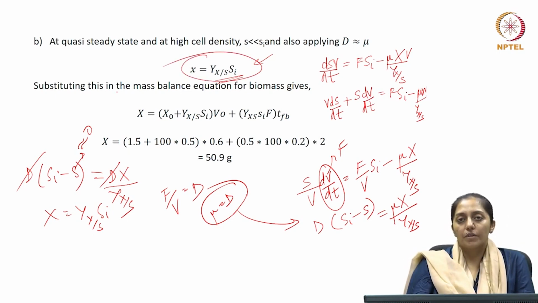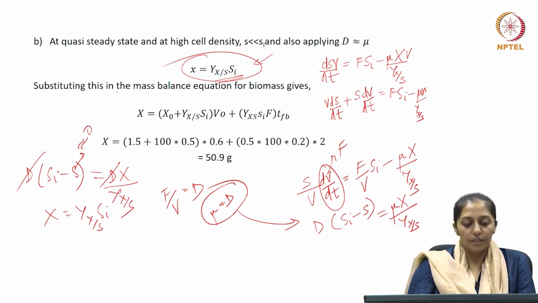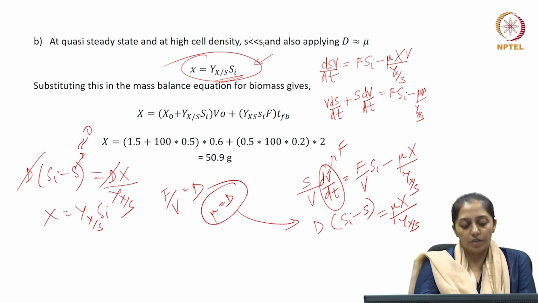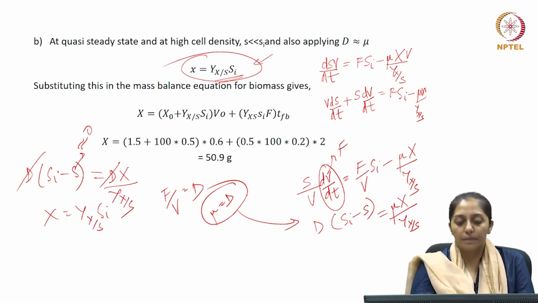if residual substrate concentration is nearly 0, further assuming, then the steady state biomass concentration is Si times Yx by S, where Si is the inlet or feed substrate concentration.